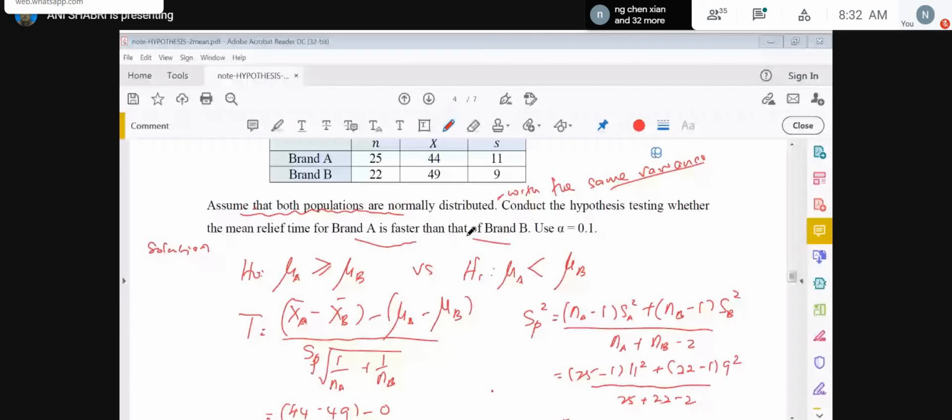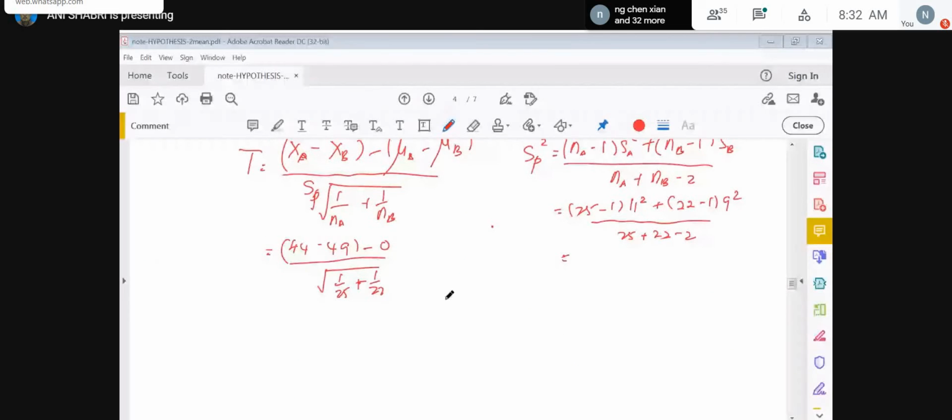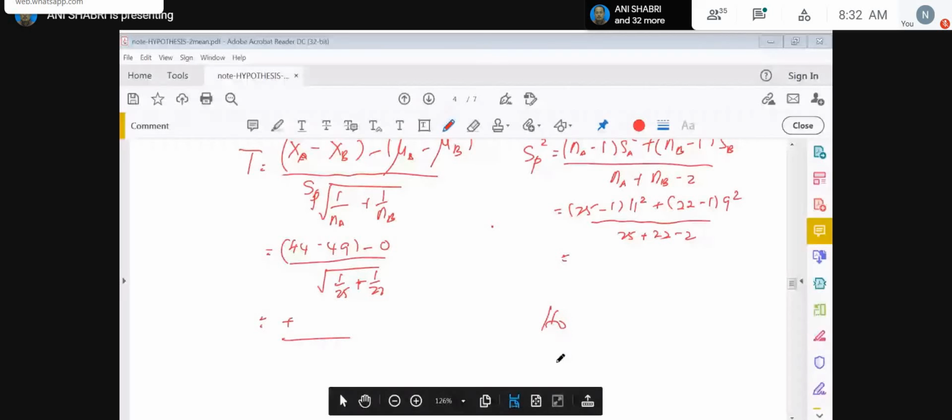If you find this one is positive, the H1 must be greater. If you find this one is negative, T, you must use H1: mu1 less than mu2. Okay, look here, the value of T or Z, this one.